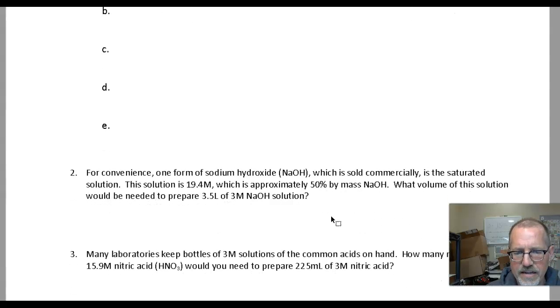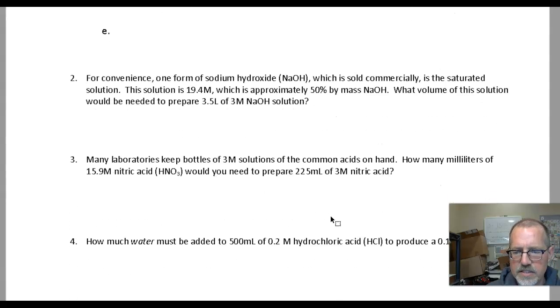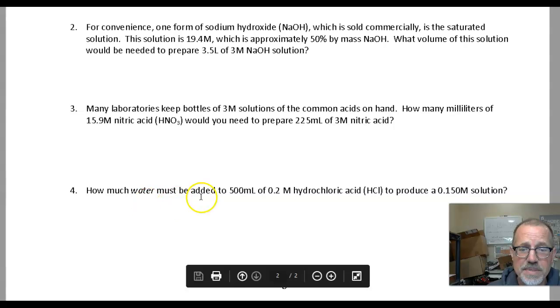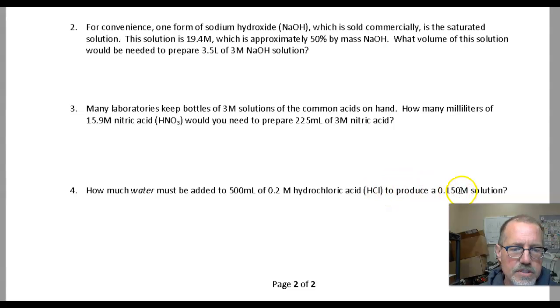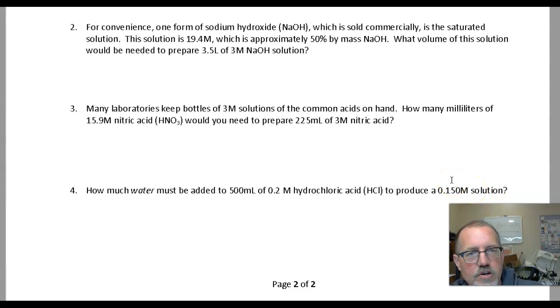I'll give you a little caveat. On the last one there, you need to figure out how much water must be added in order to produce a 0.150 molar solution overall of hydrochloric acid. So that's a little lowdown on how to do this.